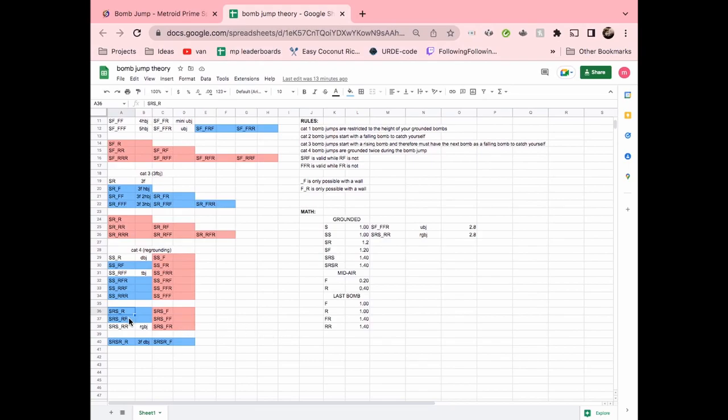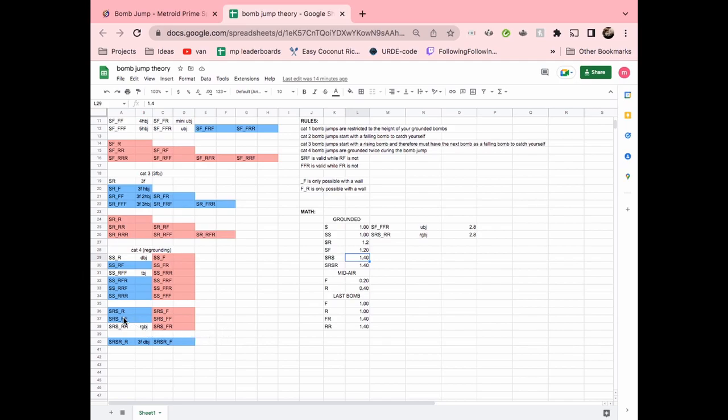Going back over here, you could continue to permutate off of that. The difference in height for an SRS is going to be 1.4 versus a 1. So you're going to get slightly more height if you actually 3-frame the start of your bomb jumps. That's because you can hit a higher peak height on how tall your top bomb is during that bomb jump.